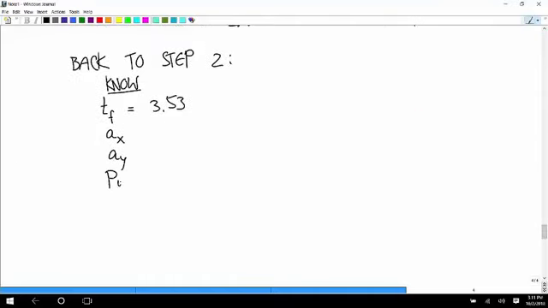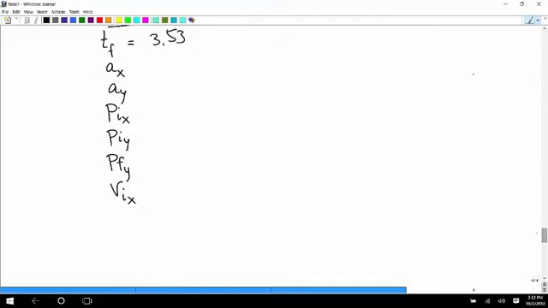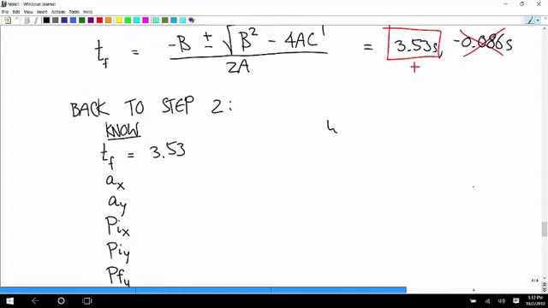We know the initial position. We know the y component of the final position. And we know the initial velocity. And we're trying to find PFX.